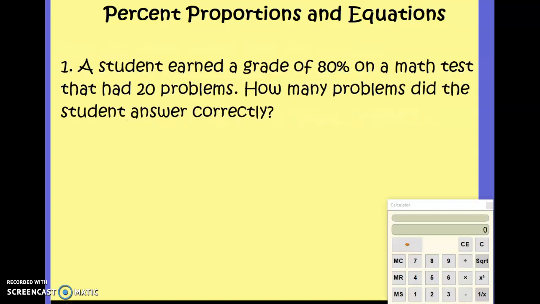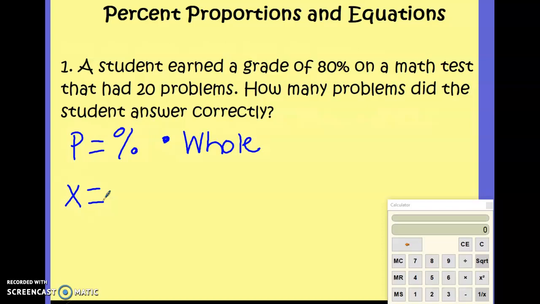Here's our first problem. A student earned a grade of 80% on a math test that had 20 problems. How many problems did the student answer correctly? We're trying to find how many problems were answered correctly, so that's the part. Part is equal to percent times whole. I don't know my part, so that's what I'm solving for. We'll call it x.